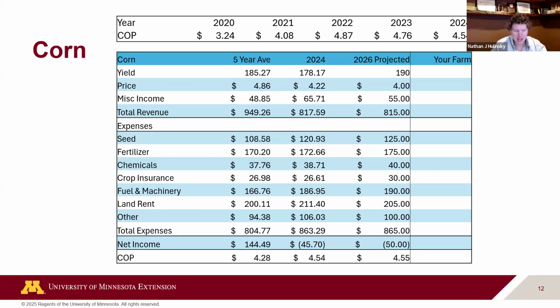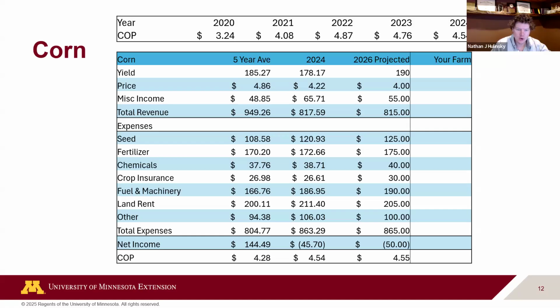On the bottom of the table in the blue line, I have net income for the farmer. The 5-year average net income is about $144 per acre. So pretty strong incomes over the last 5 years on average. If we look back historically, the average net income is probably closer to that $40 to $50 per acre. So $144 per acre income is a strong number.